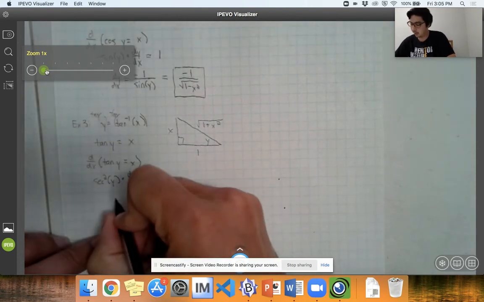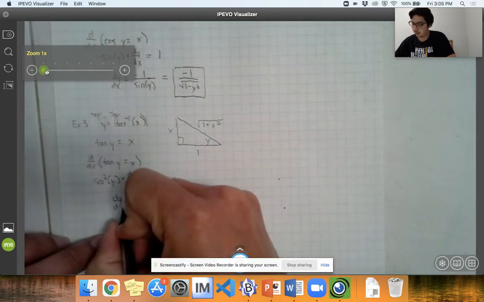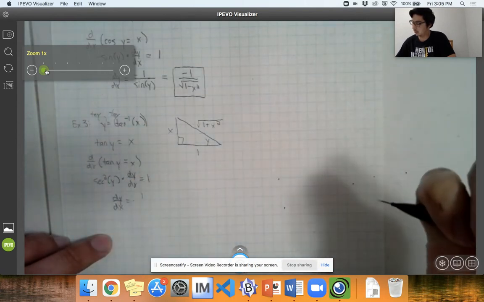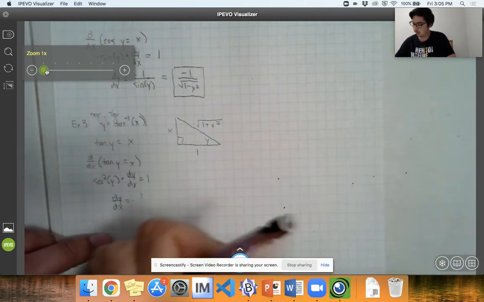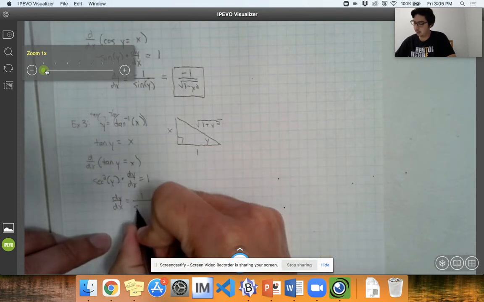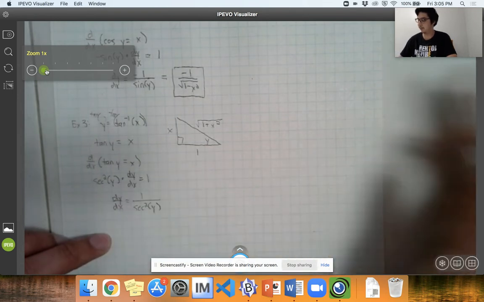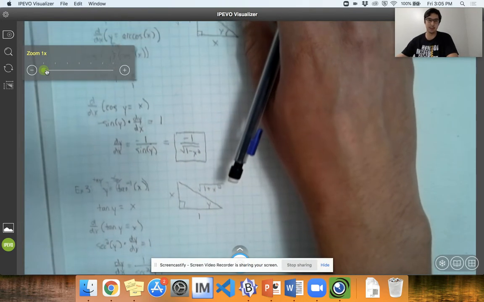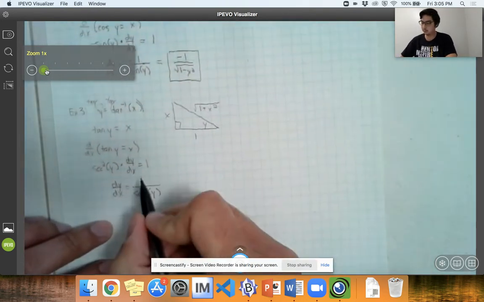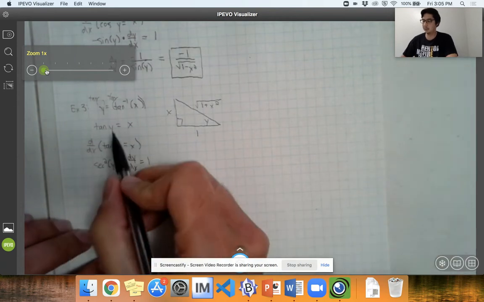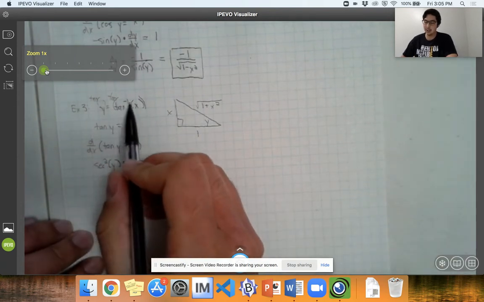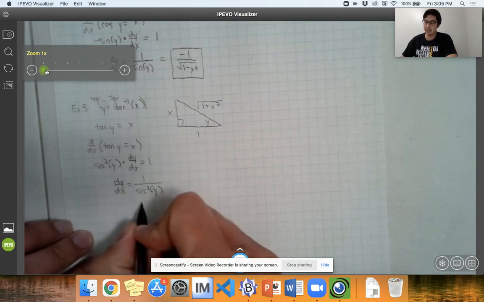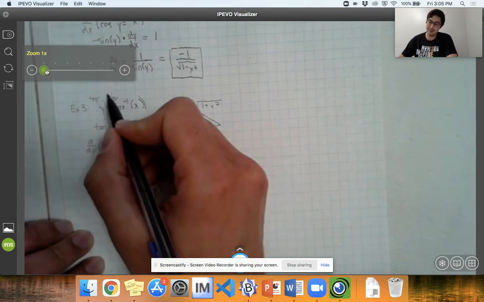And then solving for dy dx, we'd have that the derivative of this function is going to equal 1 over secant squared of y. I don't know if you've caught on to a little trick, by the way, but notice the derivative of the inverse of tangent, arctangent, is 1 over secant squared, and secant squared is the derivative of tangent.